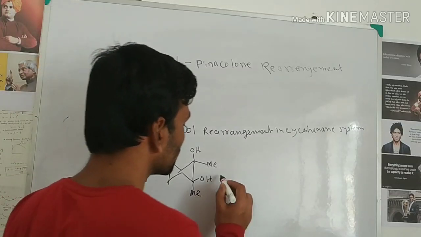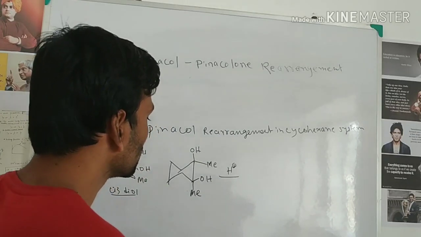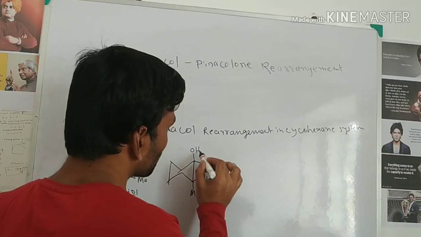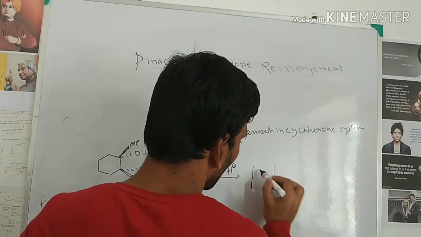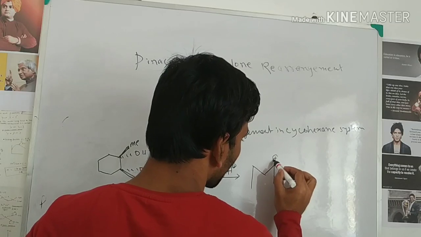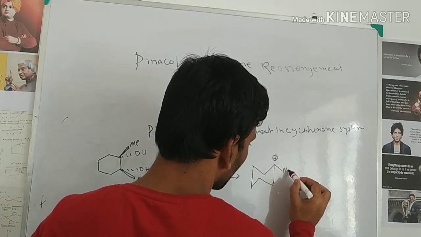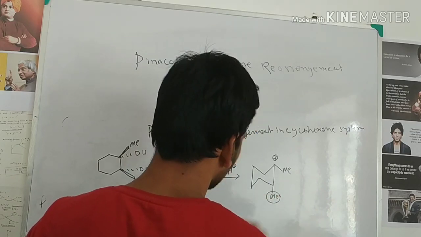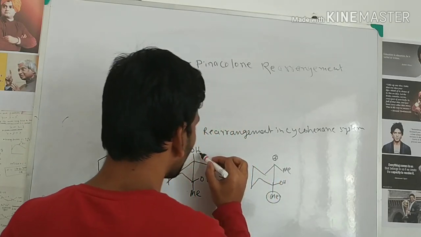So this OH group is protonated. If this OH group is protonated and forms the cation, and this methyl group is anti to this departing group.